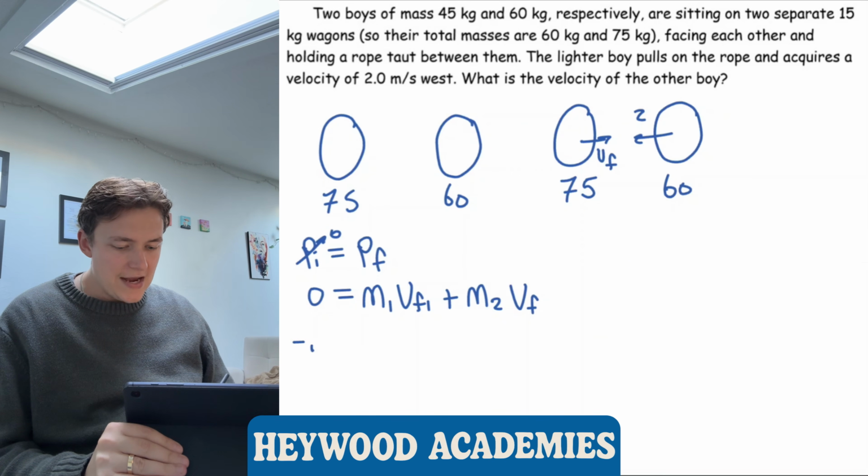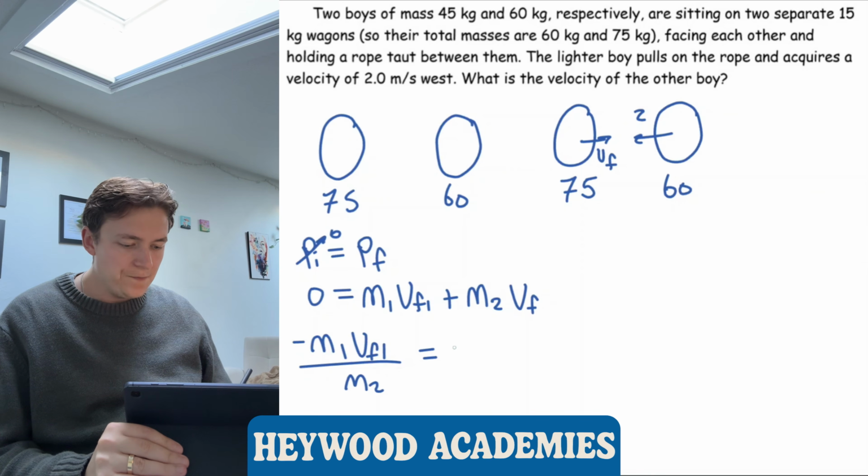So we've got to subtract m1, the final one, from the other side, and then divide by mass number 2, and that will give us our final velocity. Now we can plug those numbers in. In this case, mass number 1, the one that we knew here, was the 60 kilograms.